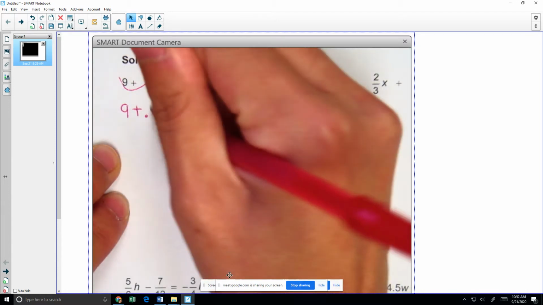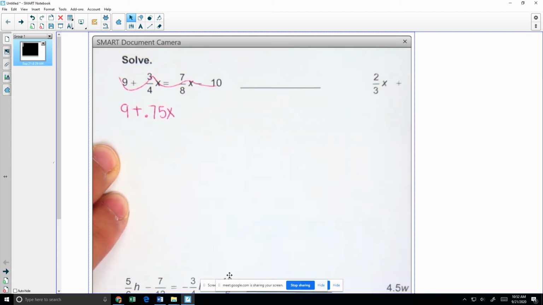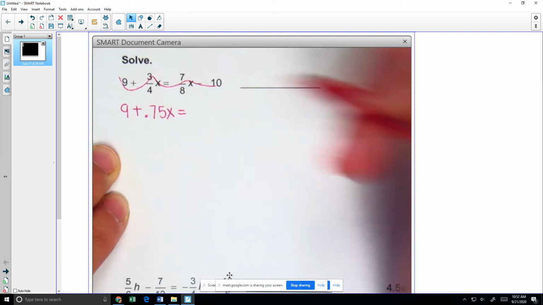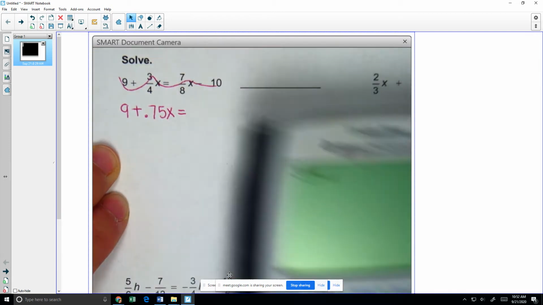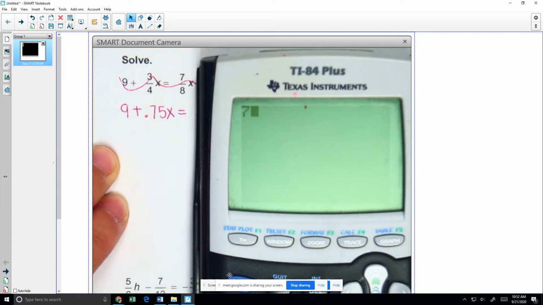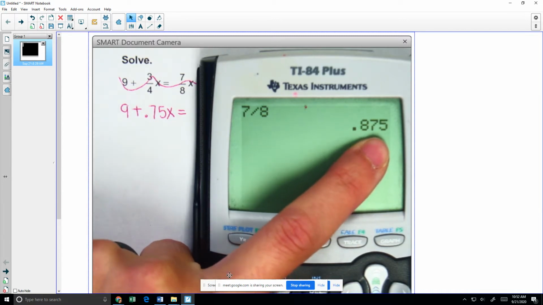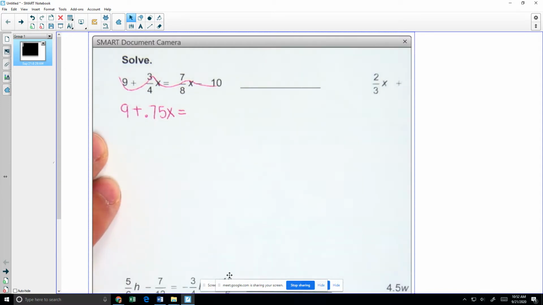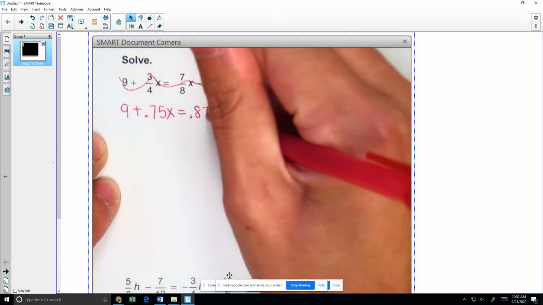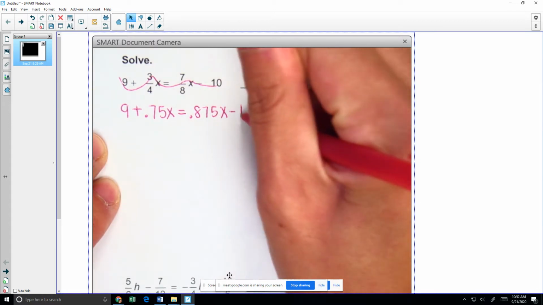So it's 0.75x. Then I have equals 7/8. So 7/8 is 7 divided by 8. 0.875. Please do not round this. Write every single number down because if you round it, then you're changing the problem. So this is 0.875x and then minus 10.